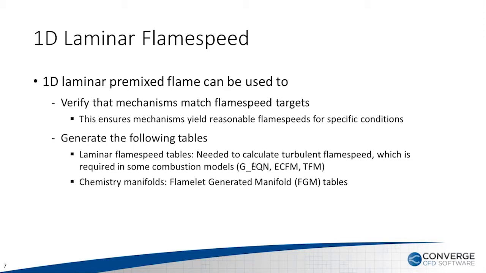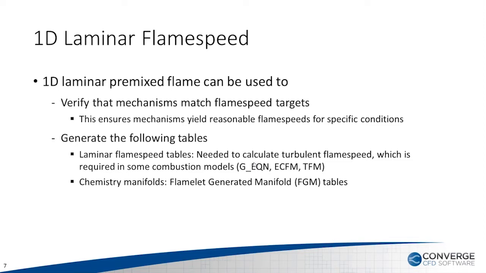The first thing is for gasoline applications, definitely if you want to know the flame propagation or the flame speed, or how fast your flame can propagate if you use this mechanism, you have to validate this mechanism for the conditions you are interested.